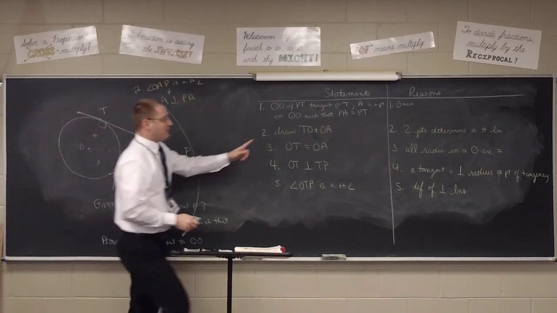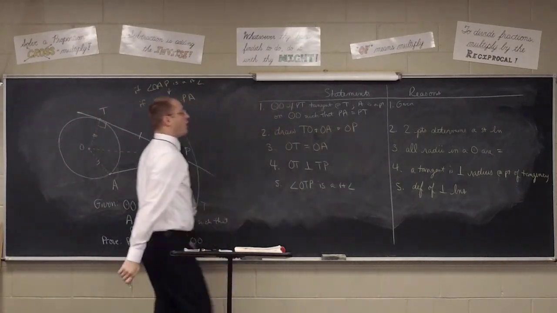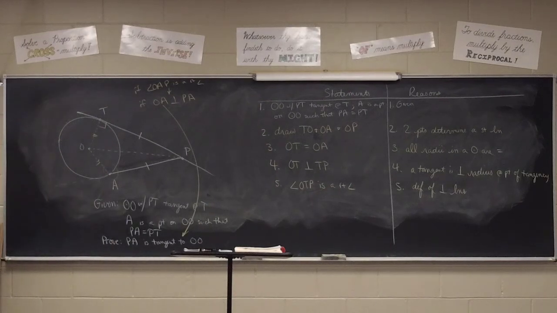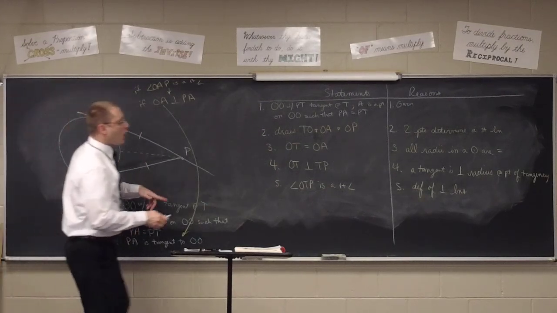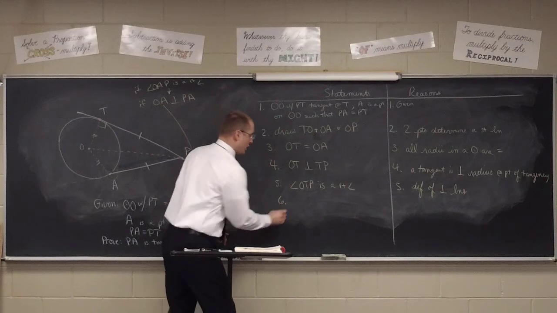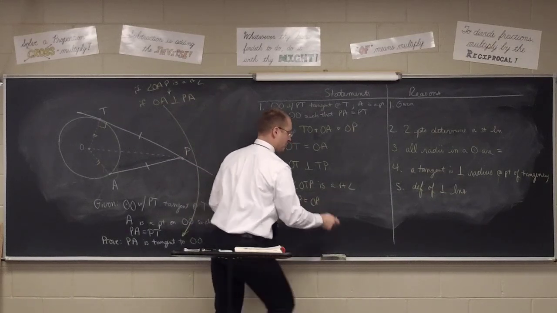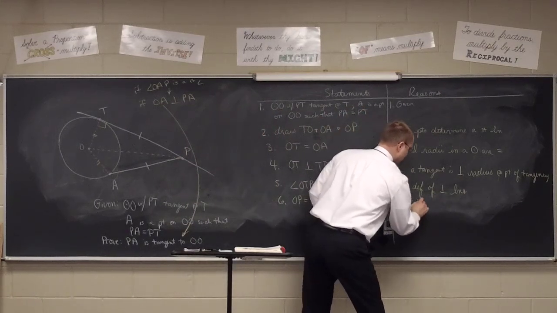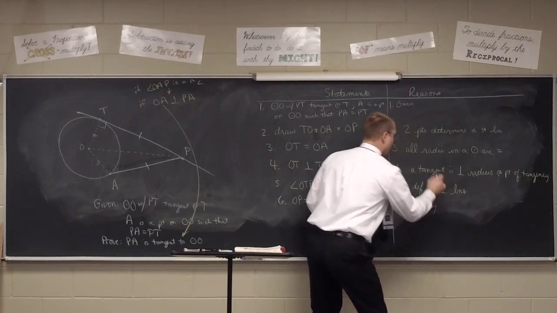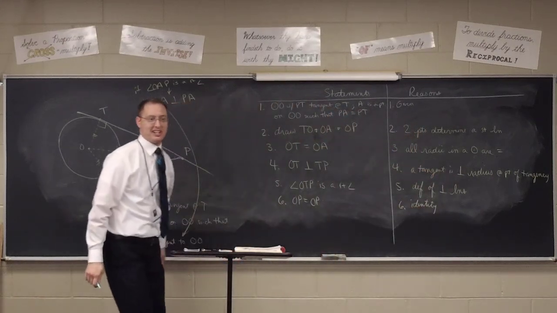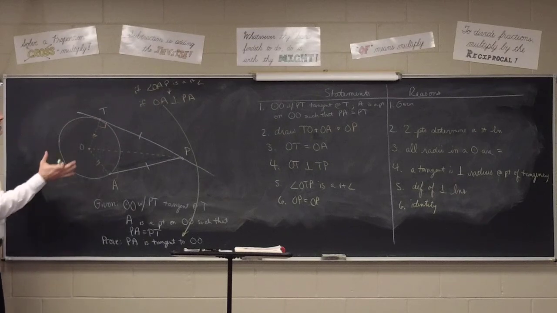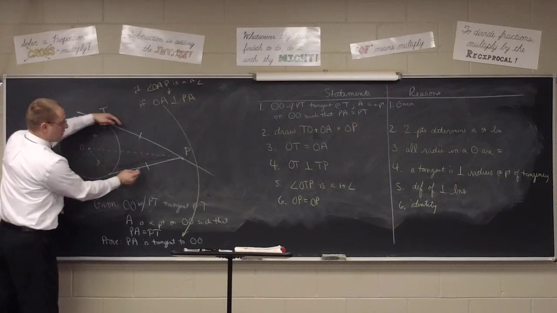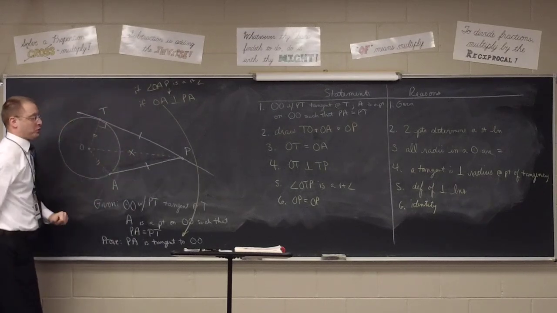We go ahead and draw OP as well up in number 2. Go and work that in there as well. And we know number 6, that OP equals OP by class identity. Oh, so look at that, we're back to congruent triangles again. And therefore, I've got these lines equal, these lines given equal, this line equal to itself by identity.